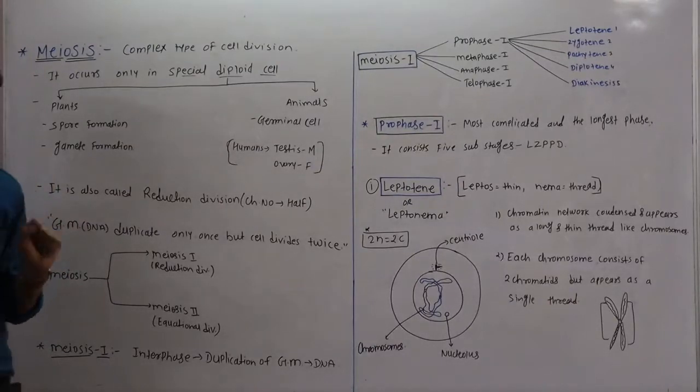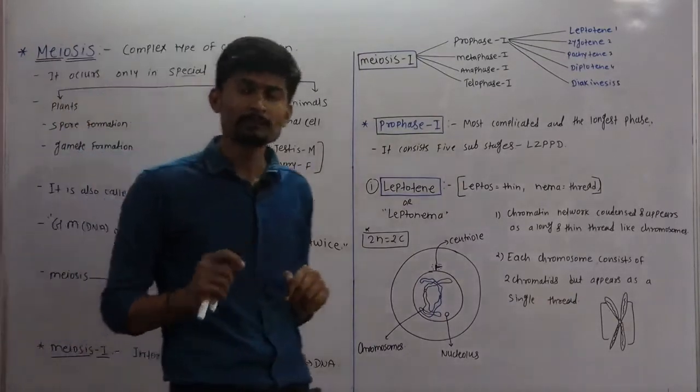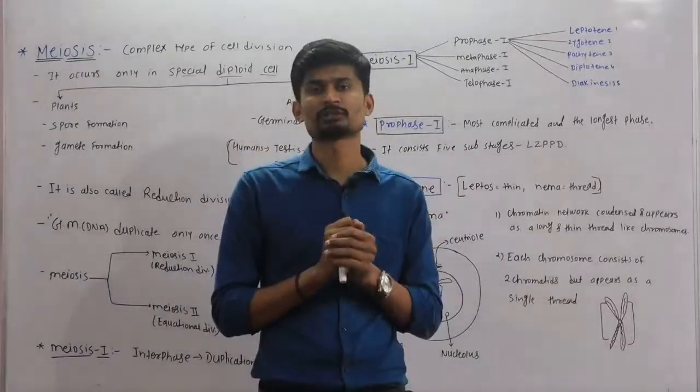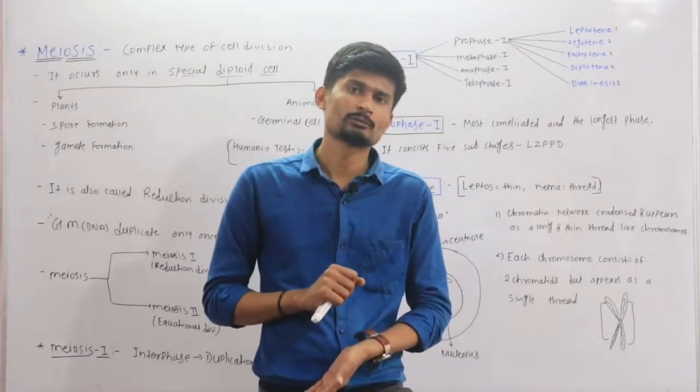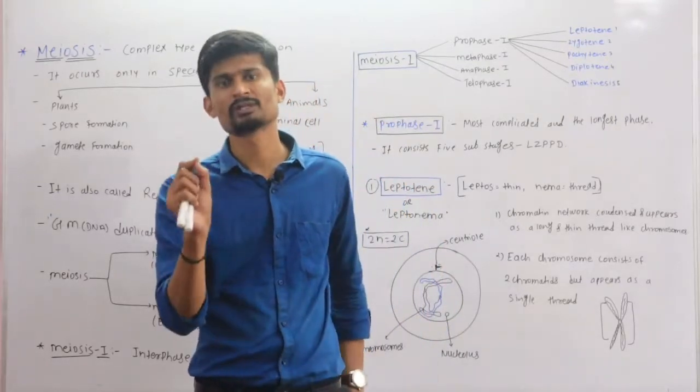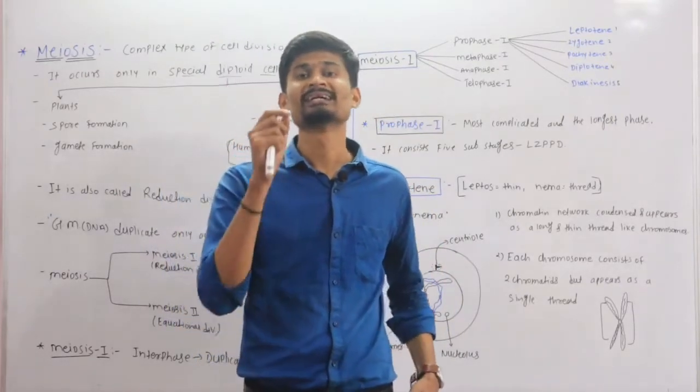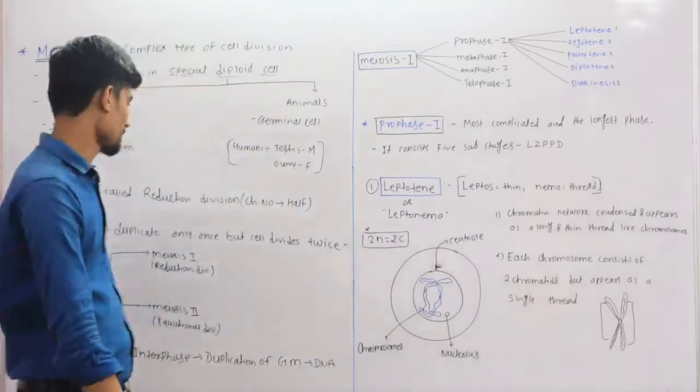And mitosis is called equational division, because there is equal distribution of the chromosomes. If the parent cell has 46 chromosomes, then the two daughter cells also have 46. That is why it is called an equational division.